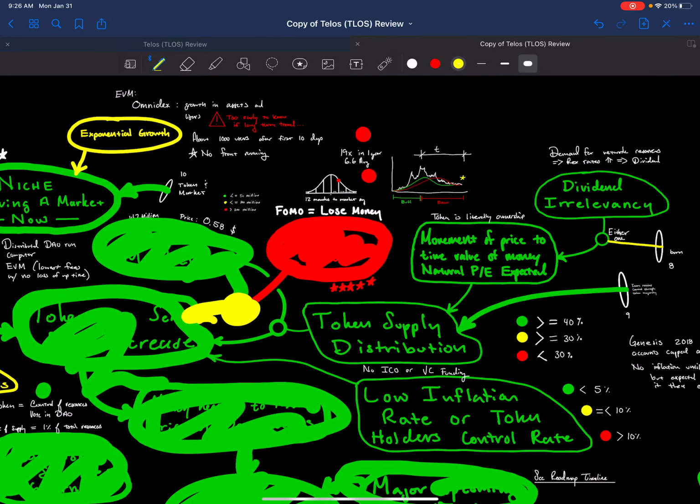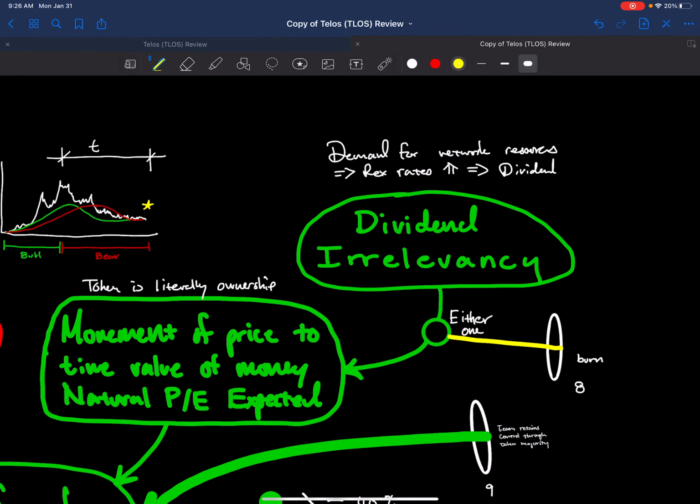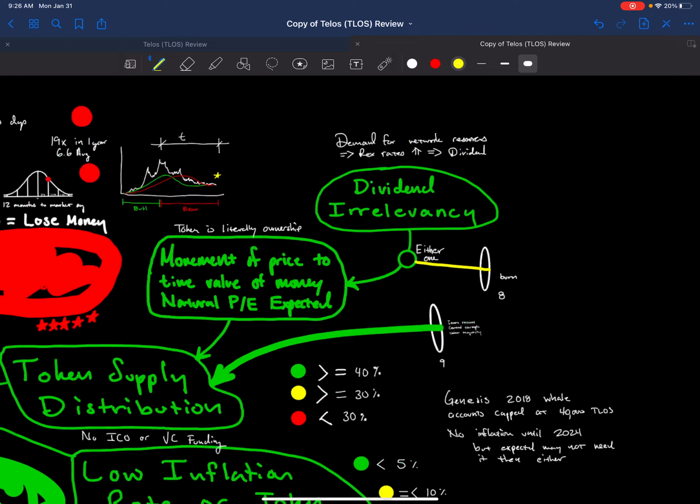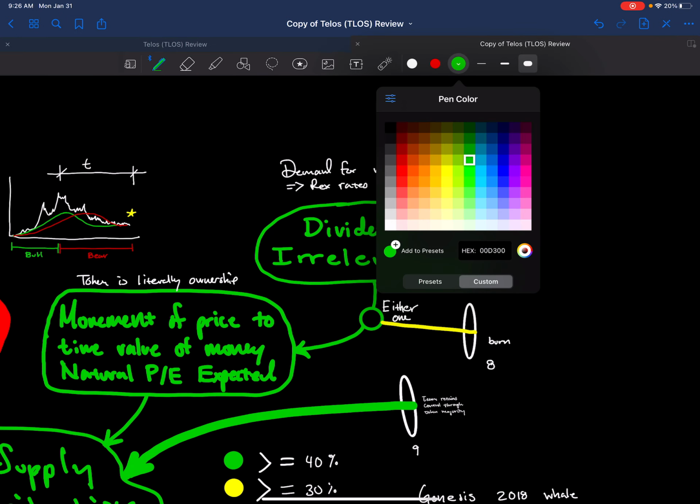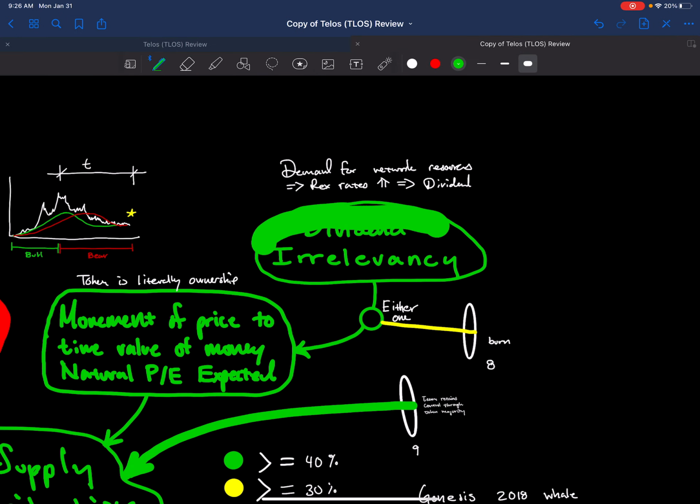As far as dividend, okay, so some of the token model stuff. Dividends, demand for... one of the things about DPoS is it has this Rex market, which means you can rent, because your token represents ownership of resources on Telos, you could rent out those tokens.